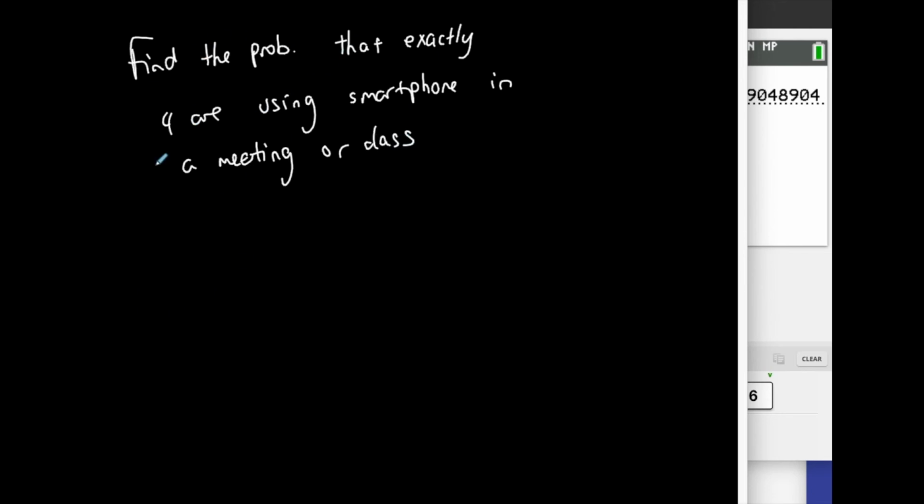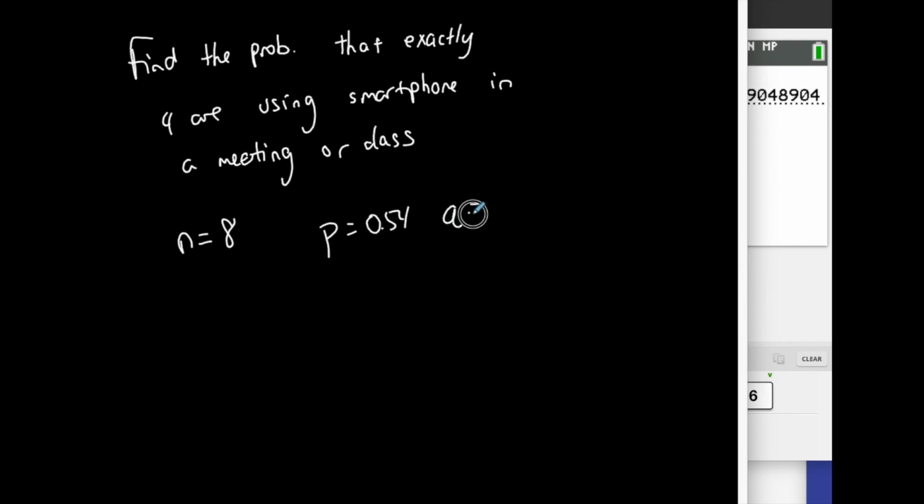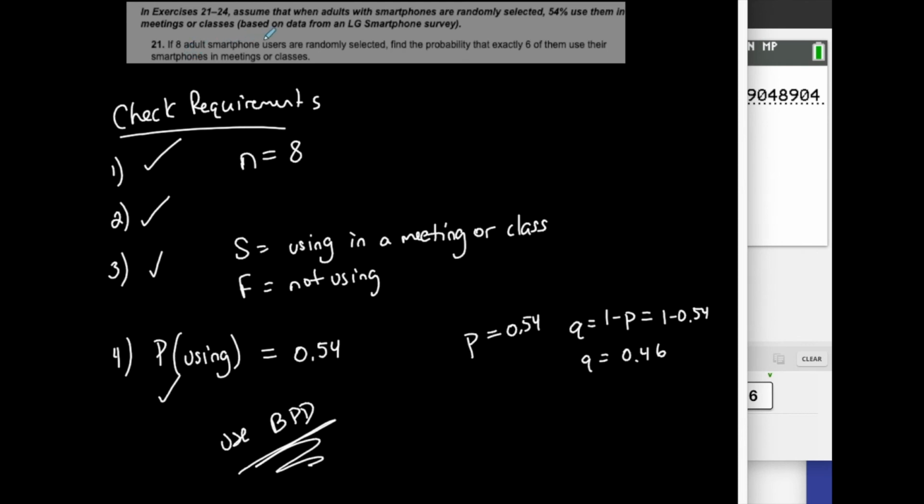So now what am I changing here? The total number of people is still 8. The probability of success is still 0.54, because I'm still taking the situation we talked about earlier. q is still 0.46. But what's changing? Now I don't want the probability of exactly 6, which is what I wanted before.